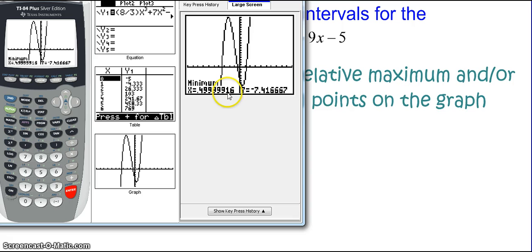I get 0.499999916. Now what this tells me is this is a limitation of the calculator. This gave me an approximation. This does mean that the actual point is at 0.5 or 1/2. So I'm going to use that to distinguish my minimum value.